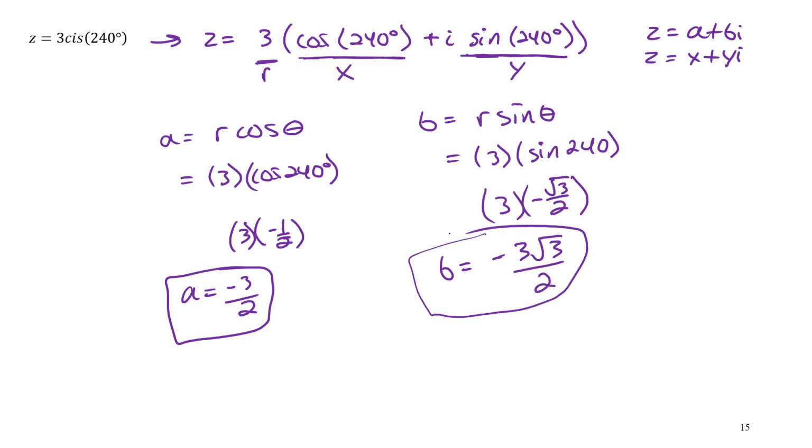Writing in the terms of a plus bi, we get negative 3 over 2 plus, or minus, since we have a minus out front, 3 square root 3 over 2 i. And that would be your answer.